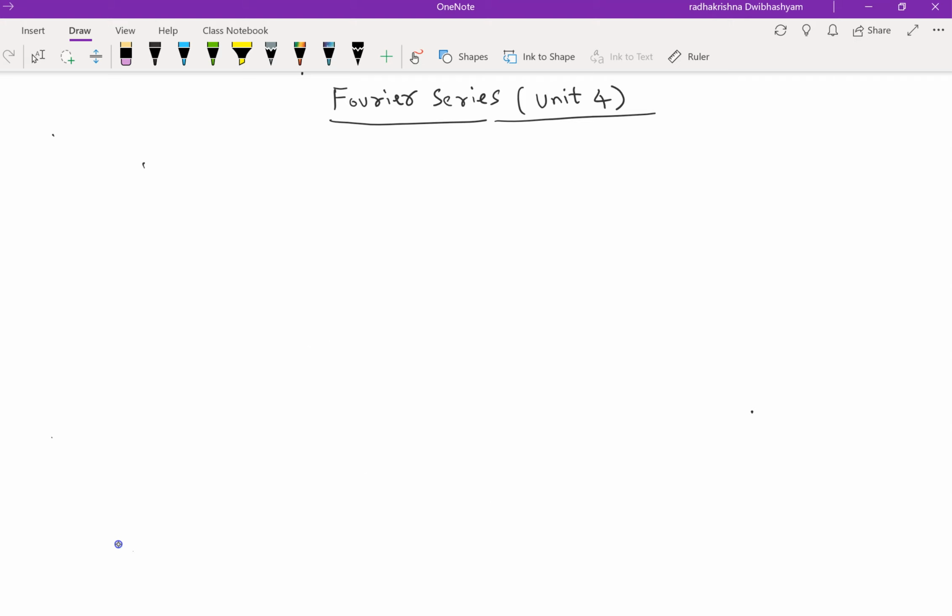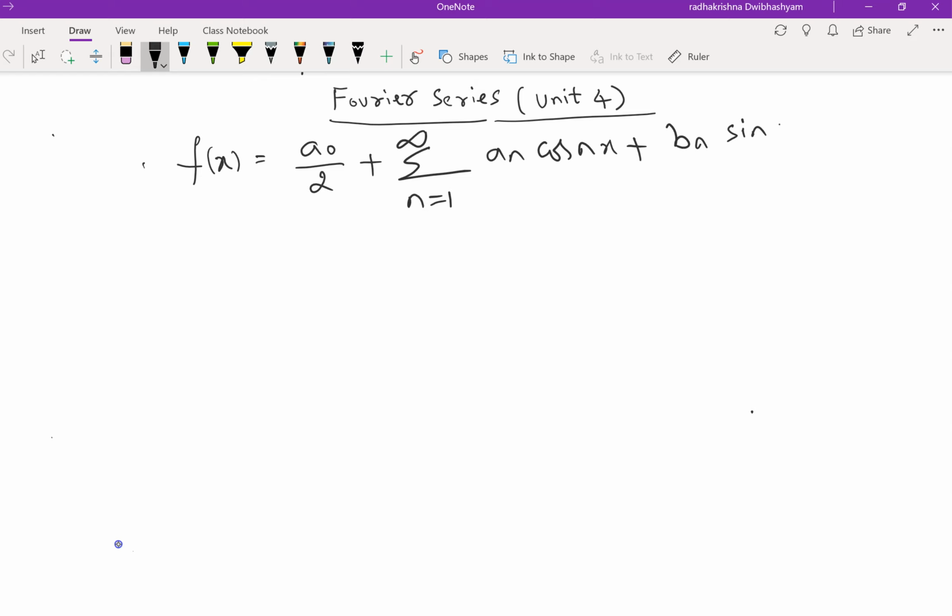cos terms. The general form of Fourier series is f(x) = a0/2 + summation n equal to 1 to infinity of (an cos nx + bn sin nx). This is Fourier series. That means Fourier series is in the form of cos terms and sine terms.